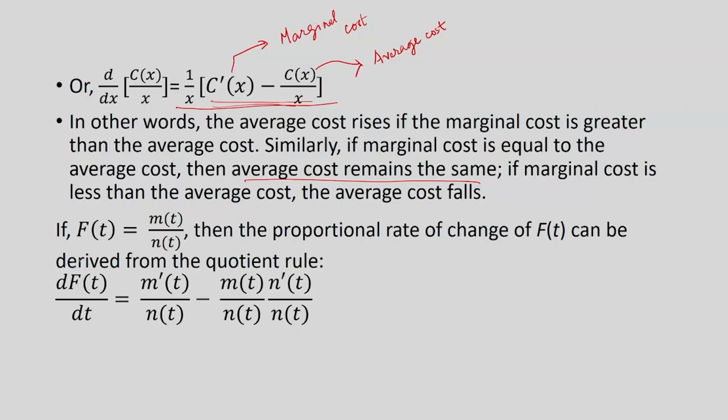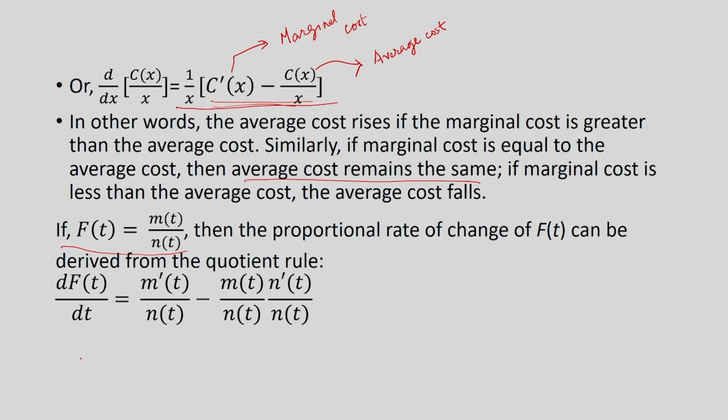Okay, now we can also talk about proportional change. Suppose you have a function F(t), which is equal to m(t) divided by n(t). So, both m and n are functions of t.